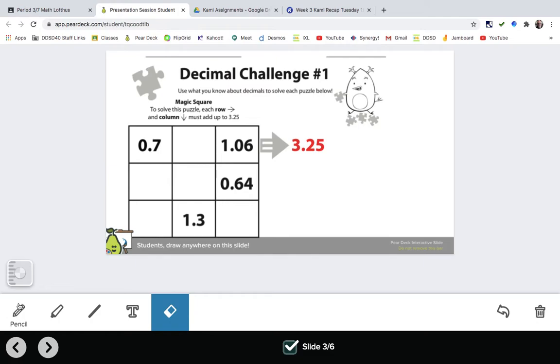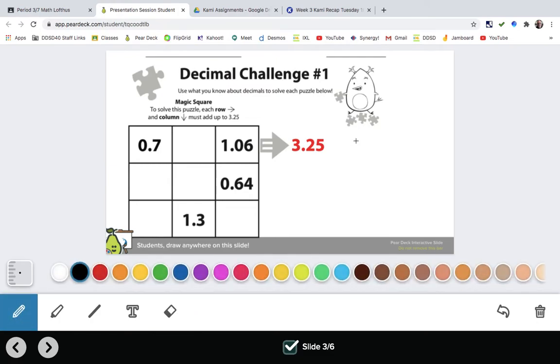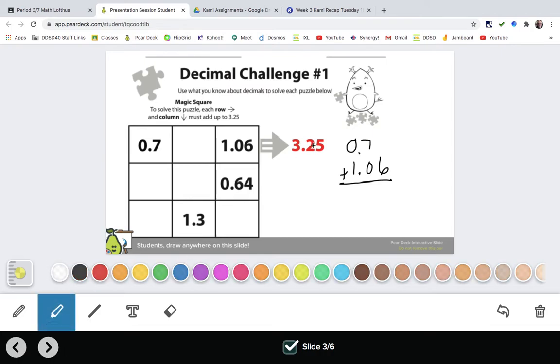So I'm going to add 0.7 plus 1.06. So notice how I've lined the decimals up, which lines up the ones, the tenths, and the hundredths.